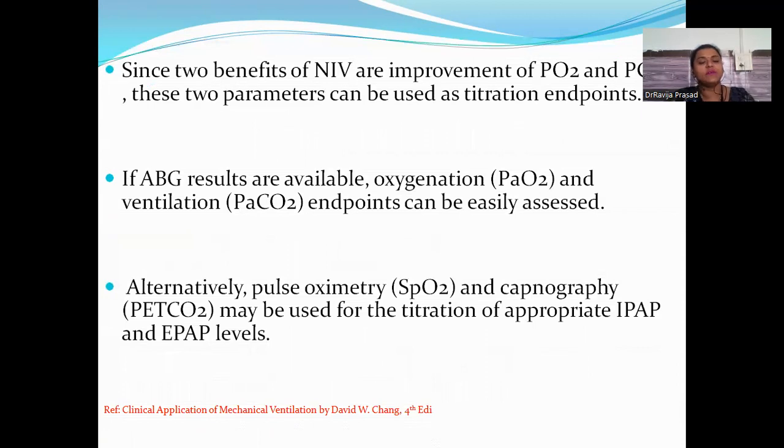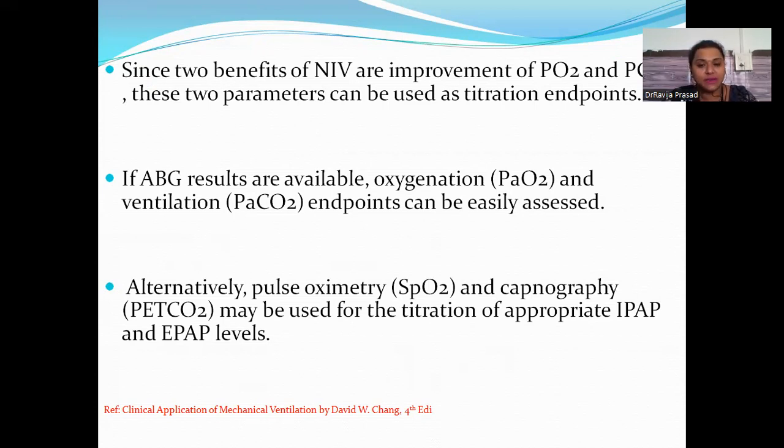Since the 2 benefits of NIV are improvement of PO2 and PCO2, these 2 parameters can be used as titration endpoints. If ABG results are available, oxygenation, CO2, and ventilation PaCO2 endpoints can be easily assessed.